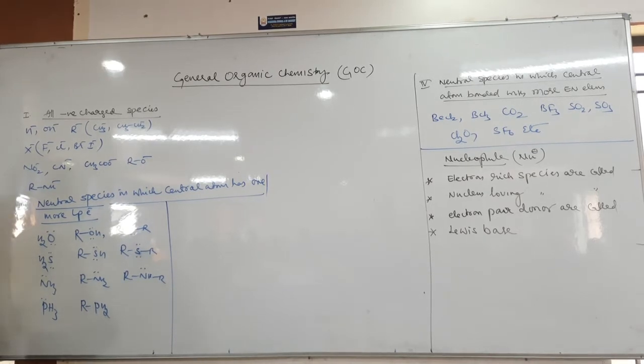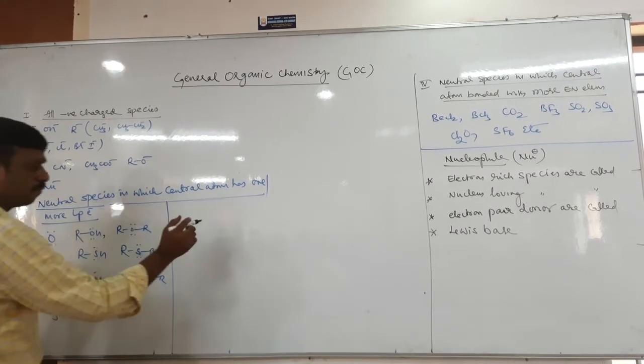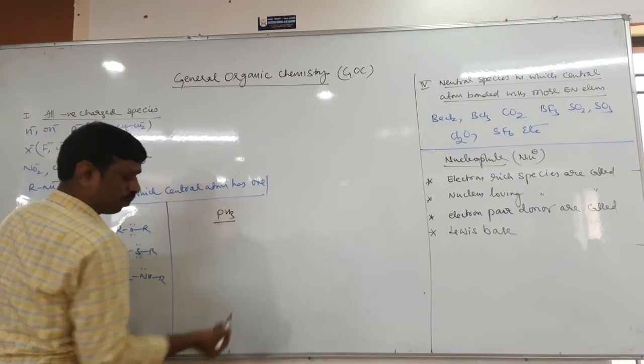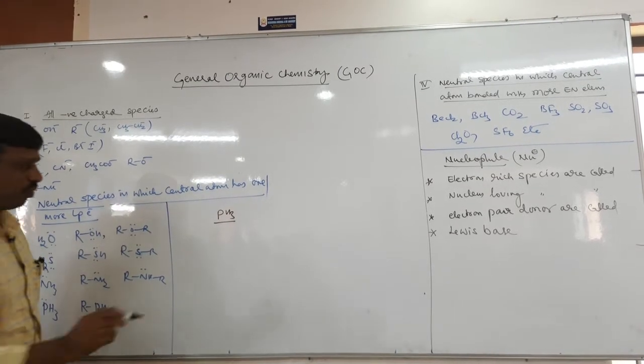Okay, then now tell me how to identify the nucleophile, which means which has a lone pair. Here I have written dots, but in the exam you cannot expect dots. For example, the question is like this: phosphine. How many lone pairs does phosphine contain? One lone pair.